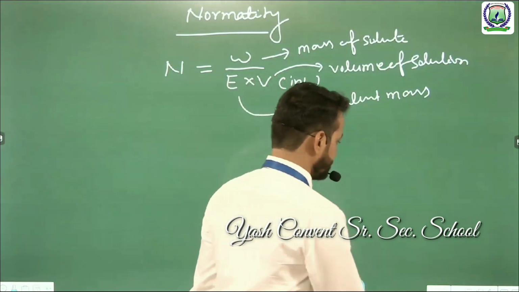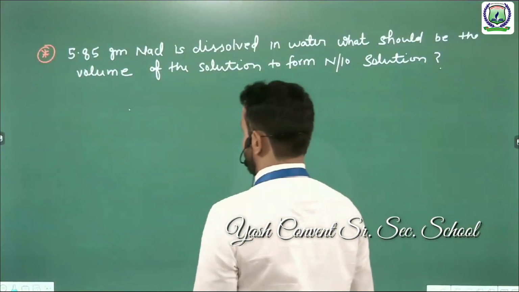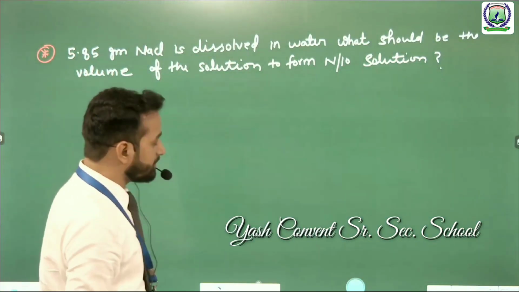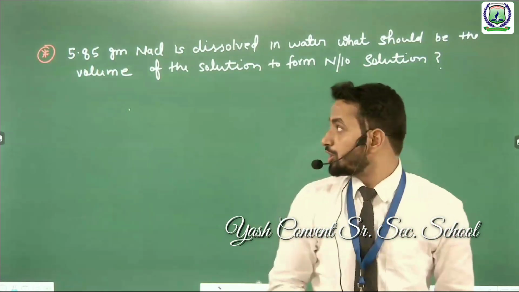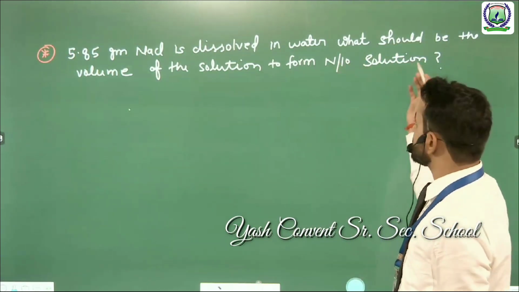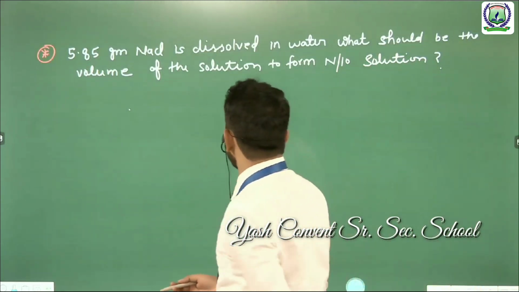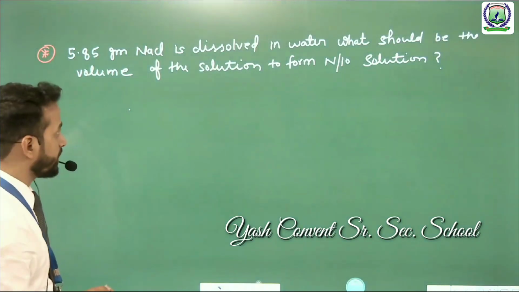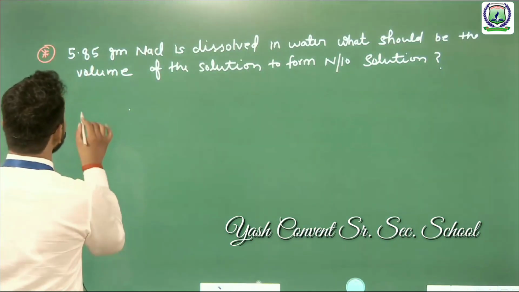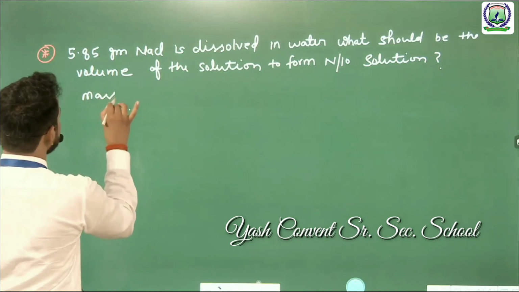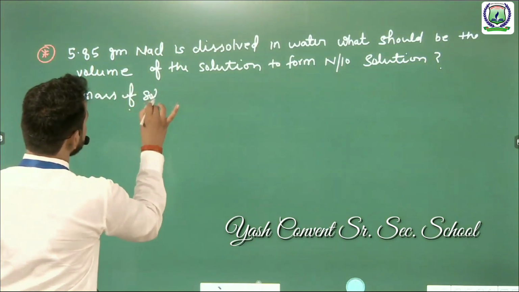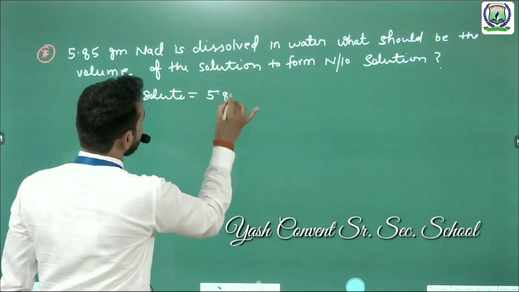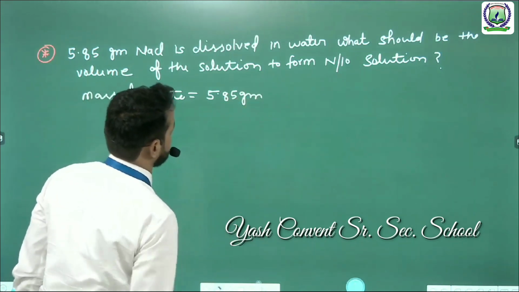Let us see. 5.85 gram NaCl is dissolved in water. What should be the volume of the solution to form N/10 solution? Given in the question, mass of solute is equal to 5.85 gram.